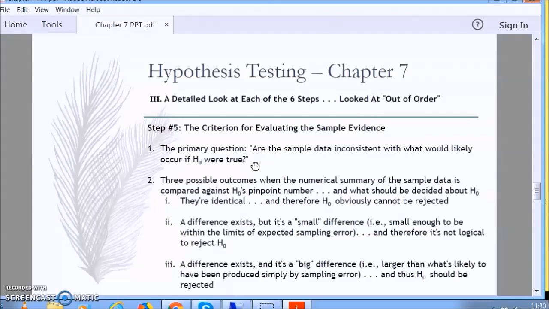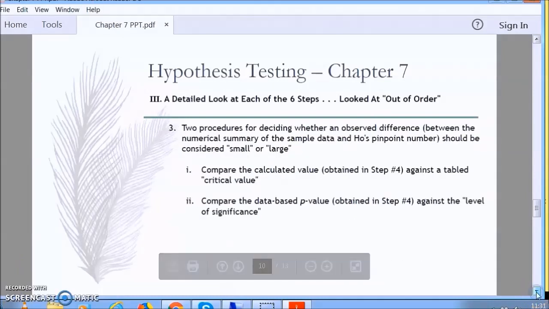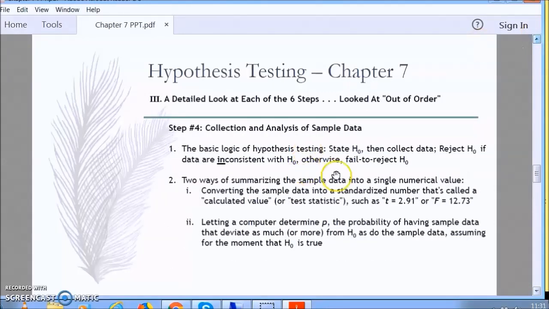So you are looking at two things. I'll repeat again, the critical value, which is comparing the calculated value that is obtained in step 4 against the tabled critical value, or you compare the database p-value against the level of significance. It is the same thing that we talked about in step 4, the two processes of doing the thing.